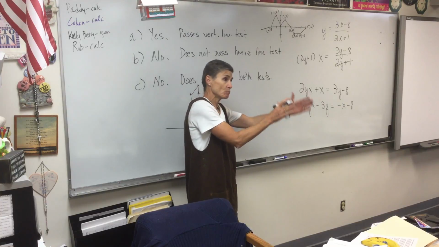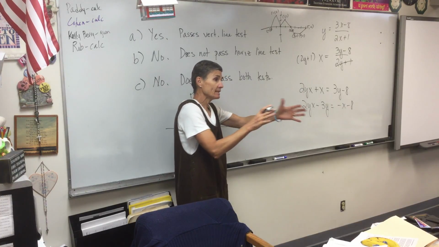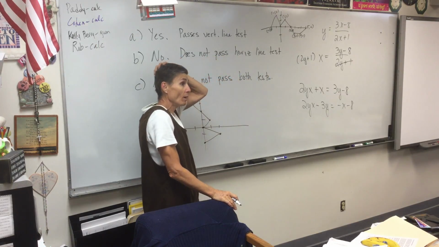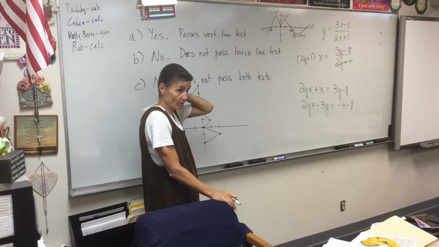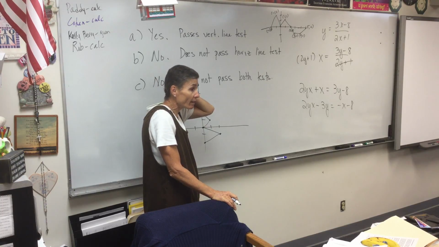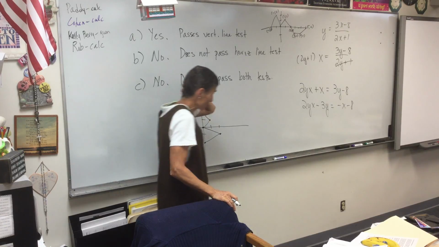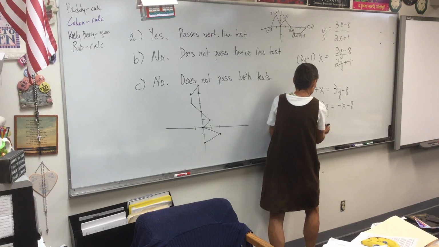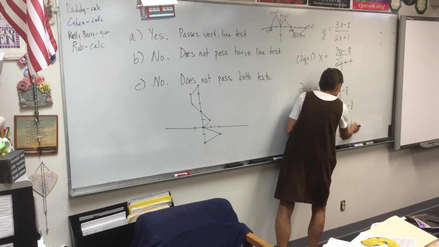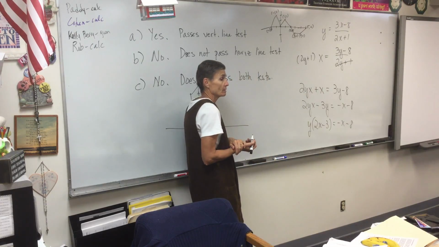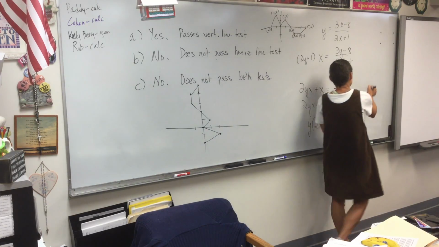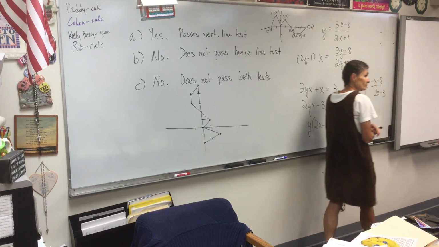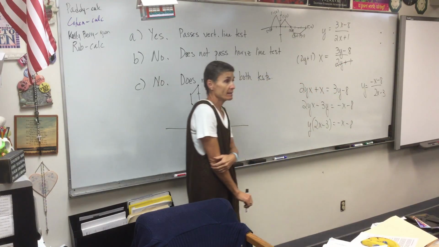So I'm adding and subtracting, moving things around so that all the y's are together. Why do I want my y's together? So I can do what? Factor them out. I'll take that y out and be left with 2x minus 3. So y equals negative x minus 8 over 2x minus 3. And that's my inverse.